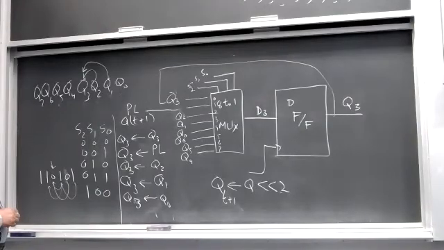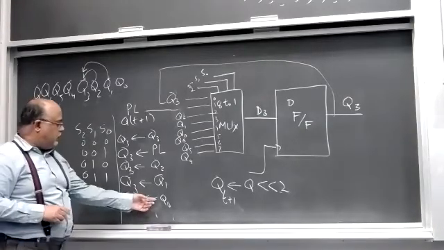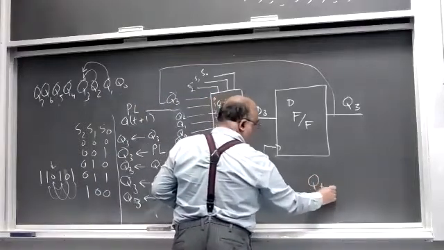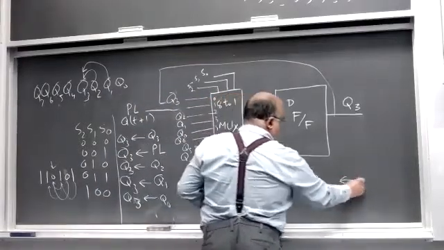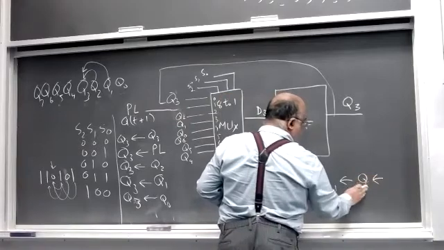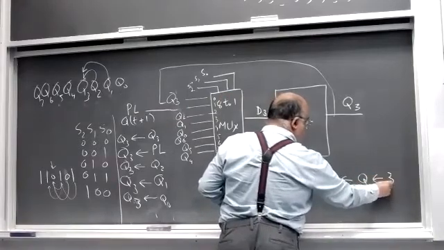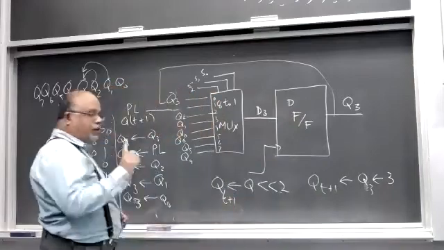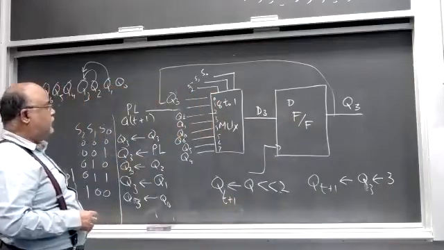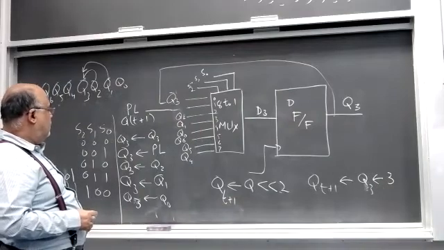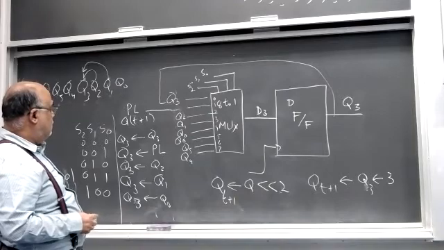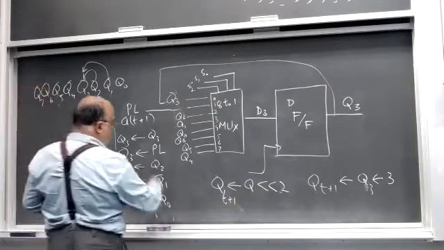That really means that after clock cycle, I will be doing this. Q t plus 1 is equal to Q3 shifted left 3 times. In one clock cycle, I will be able to shift left. Same case is here.